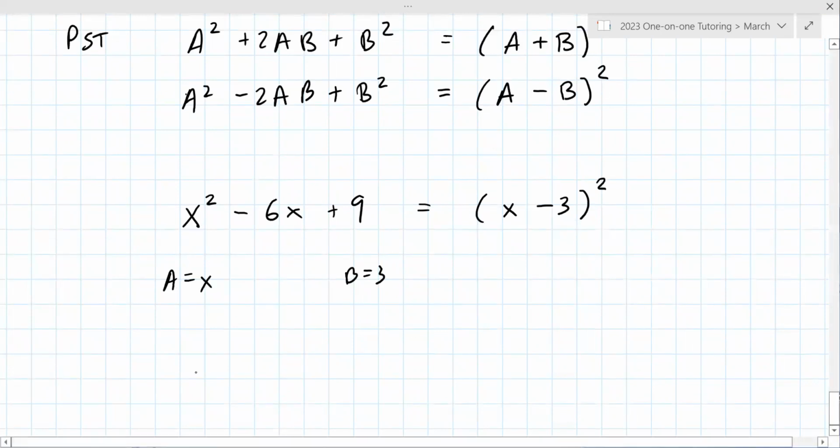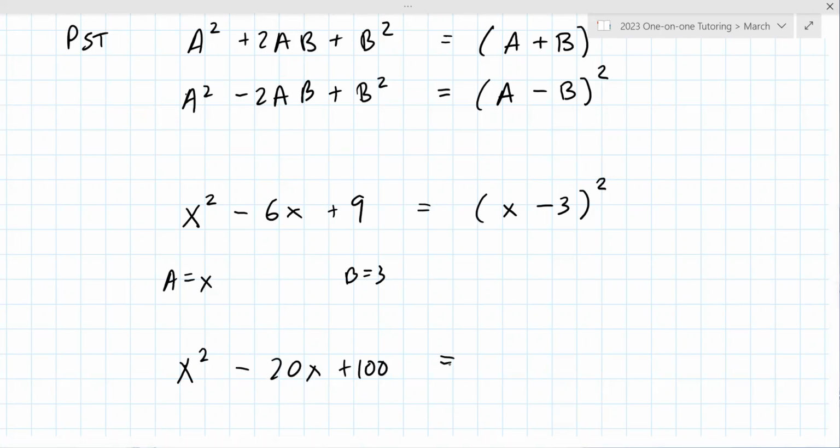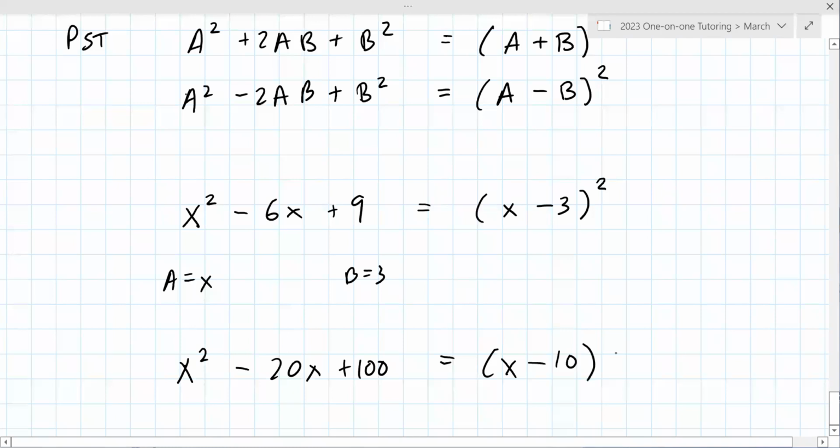So I'll give you a couple here to try. Let's say it's x squared minus 20x plus 100. Can you tell me what this factors into, please? A minus 10. Subtract 10. Very good. That's it.